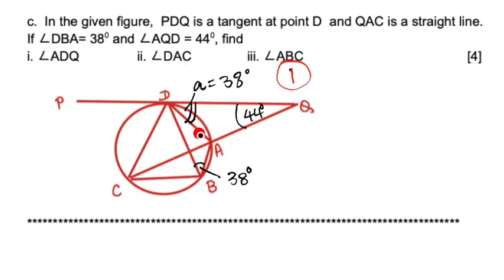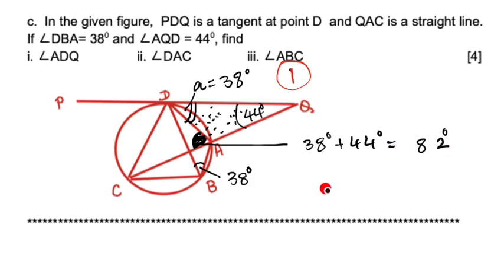DAC, this one. Now this angle over here is actually exterior angle for this triangle. So this one is going to be 38 degrees plus 44 degrees. Reason, exterior angle of triangle ADQ is equal to sum of the interior opposite angles, and that will come out to be 82 degrees. And that will be our 2nd mark.